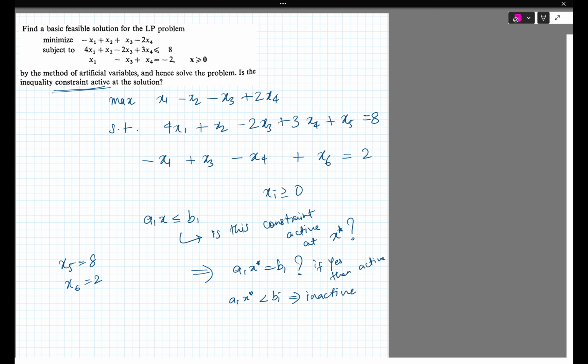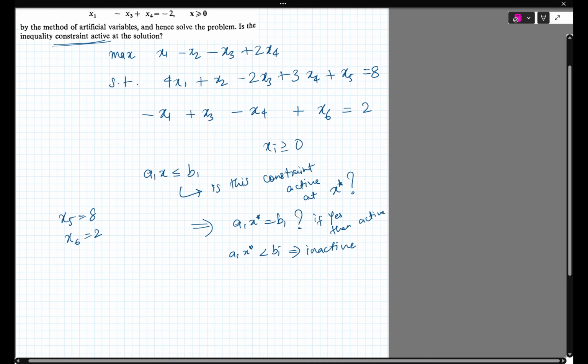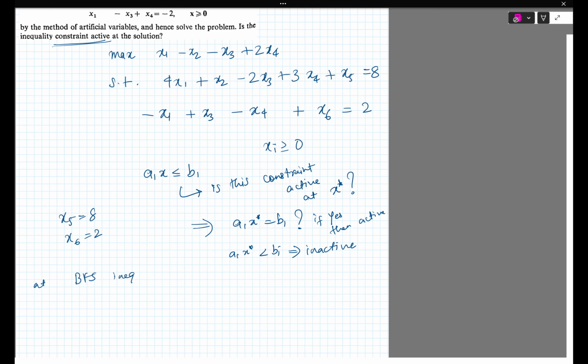So the constraint is not active at the BFS.